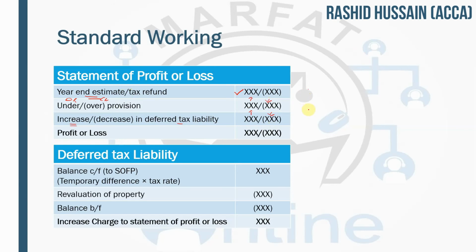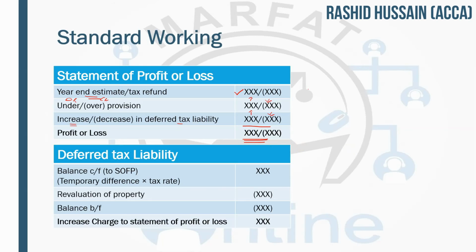Then you have under provision, which will increase the expense. Over provision will decrease the expense. So you need to remember this working. Increase in the deferred tax liability is an expense that will be added to the above expenses. Decrease in the deferred tax liability will be deducted from the above expenses because this is a credit to the statement of profit or loss. This is the net figure that will go to the statement of profit or loss as a tax charge.